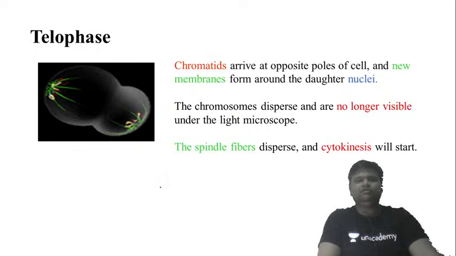Then after that comes telophase, where chromatids arrive at the opposite poles of the cell, and a new membrane forms around the daughter nuclei.